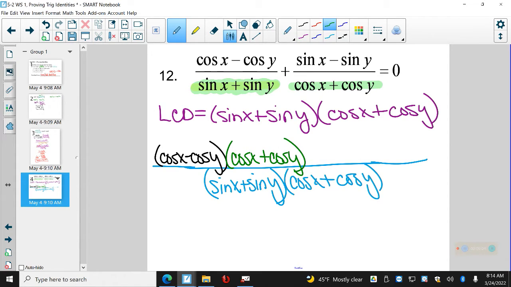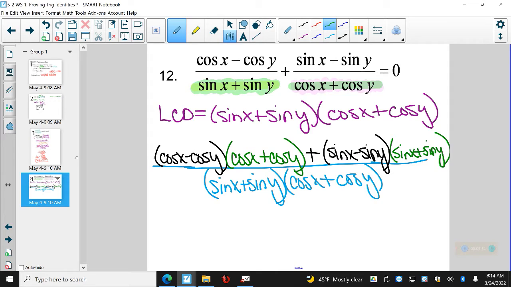Okay. Then I'm going to write down what is currently in the numerator already. And then what did I tack on to the second one over here? Sine x plus sine y. So that is going to be sine of x plus the sine of y.